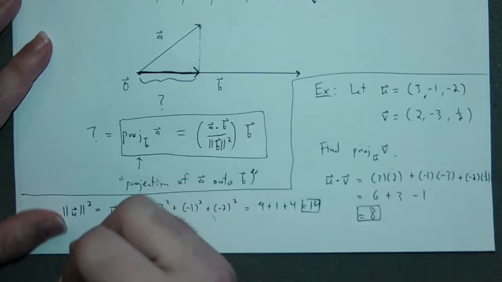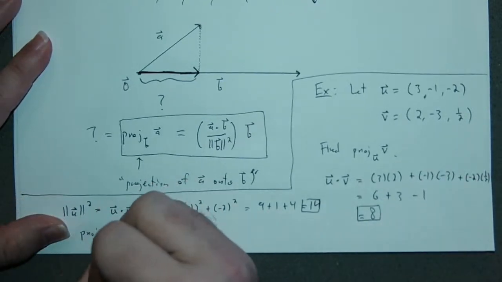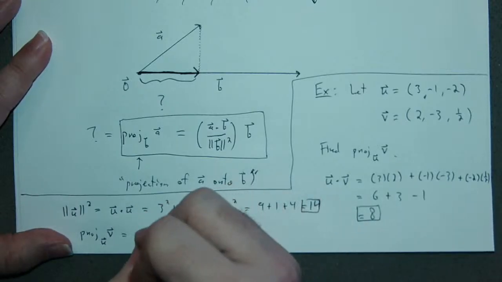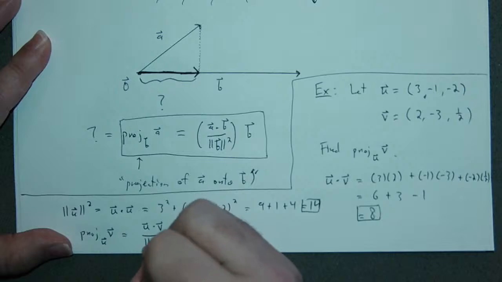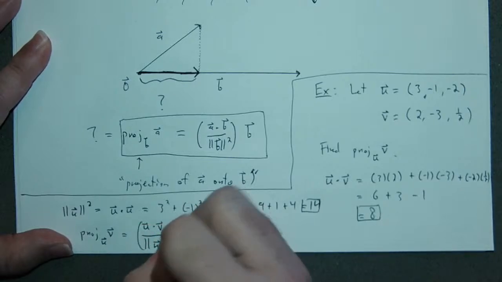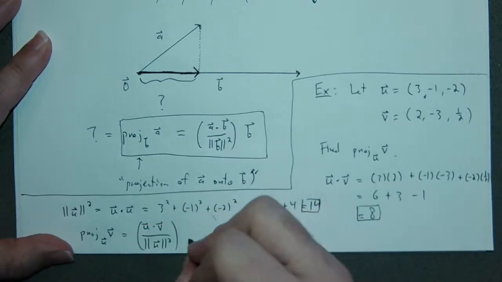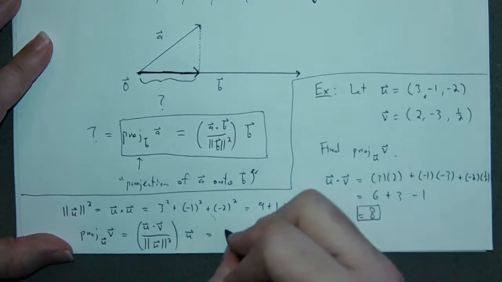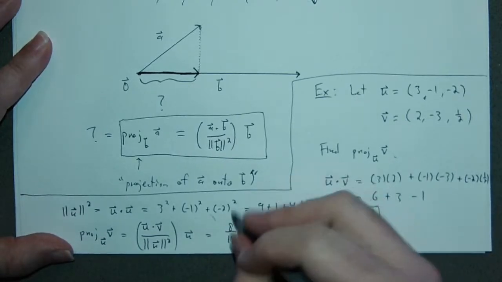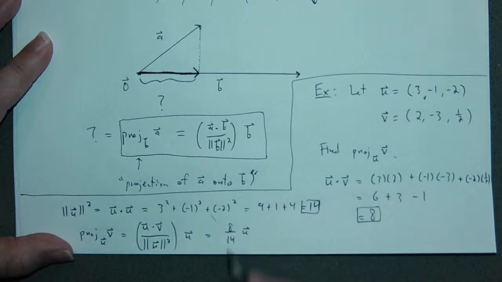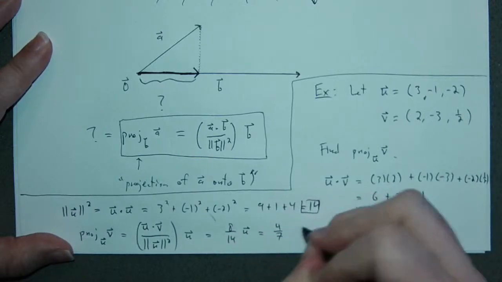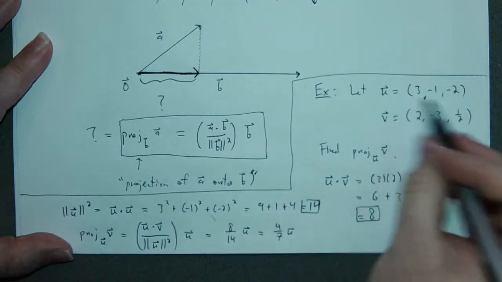Okay. And so the projection of V onto U is U dot V over the length of U squared, that scalar, times U, right? And so this is 8/14 times U. So simplifying this is 4/7 times U. But U is just this vector.